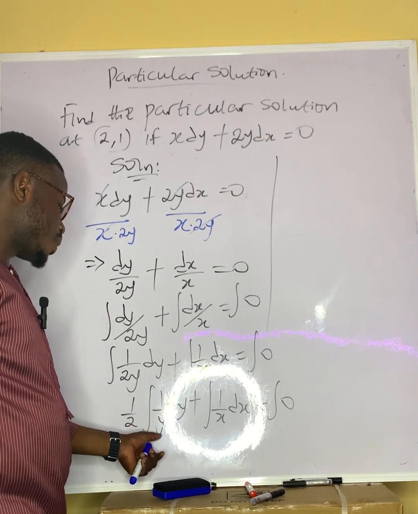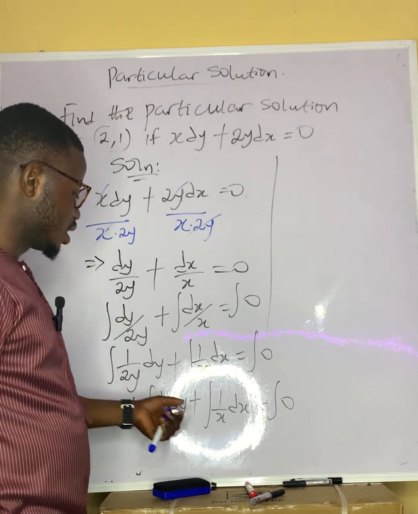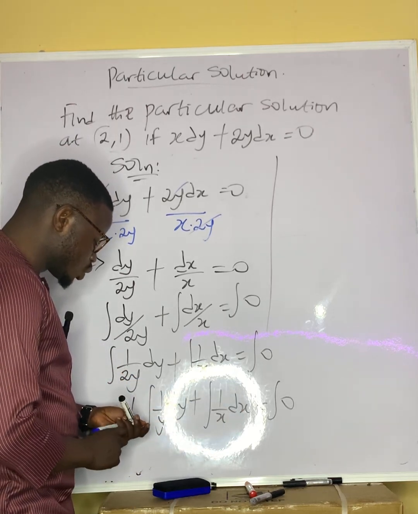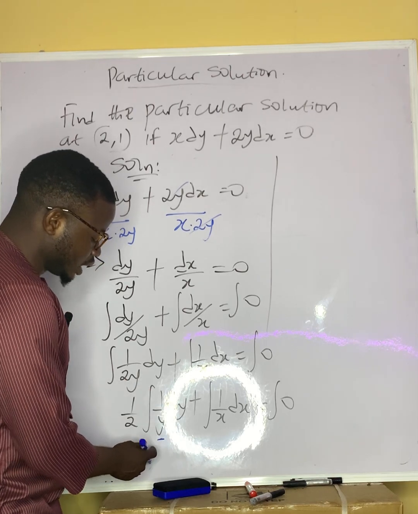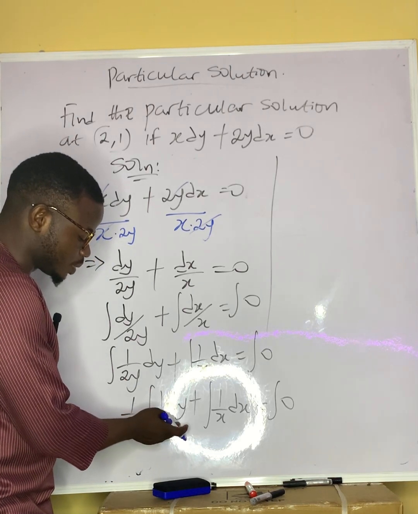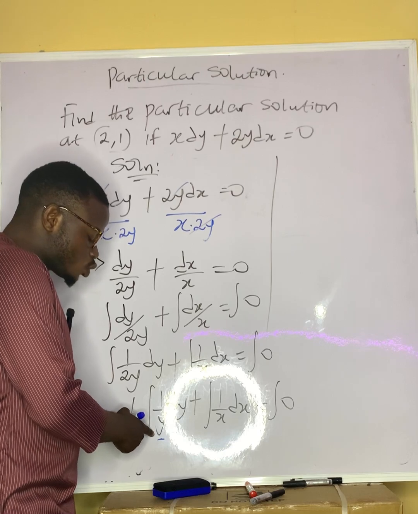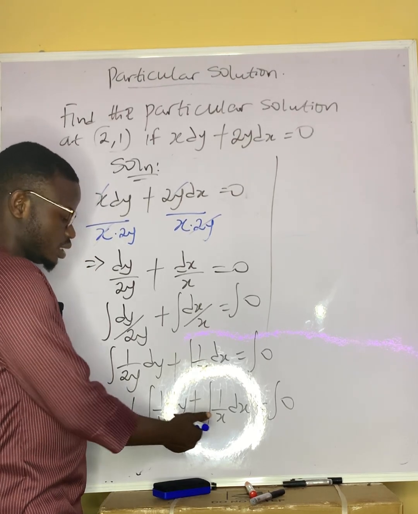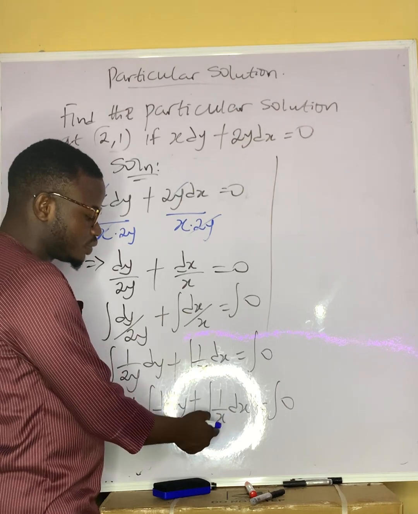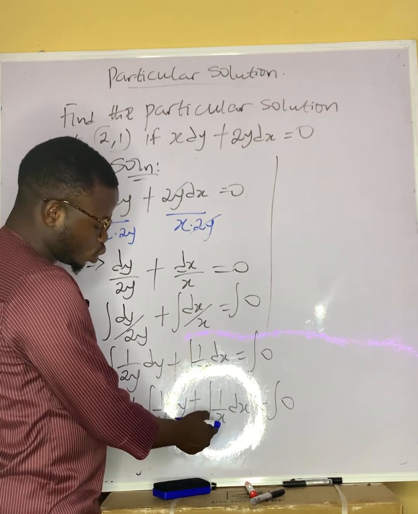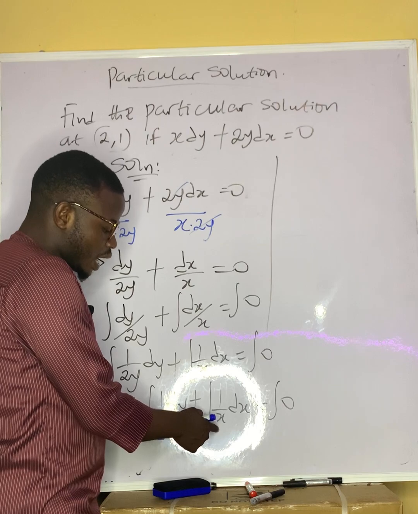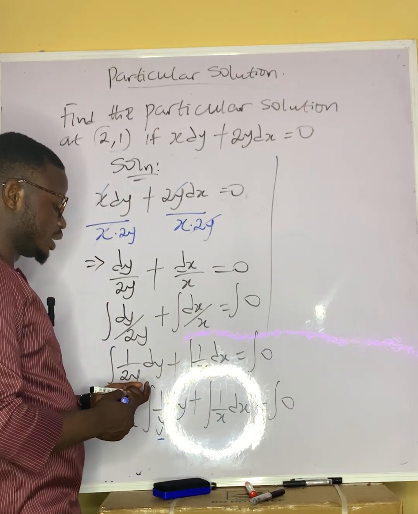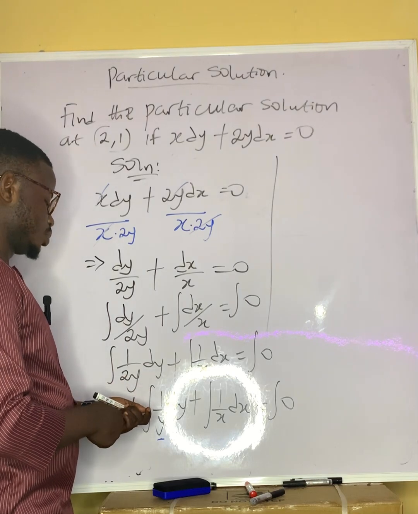Once we integrate 1 over y dy with respect to y, we check what we have at the denominator, this y. Since we are integrating with respect to y, when we differentiate y, it must give us the numerator, otherwise we factor it. The same applies when integrating 1 over x with respect to x: when we differentiate the x at the denominator, it must give us the numerator, otherwise we factor it.